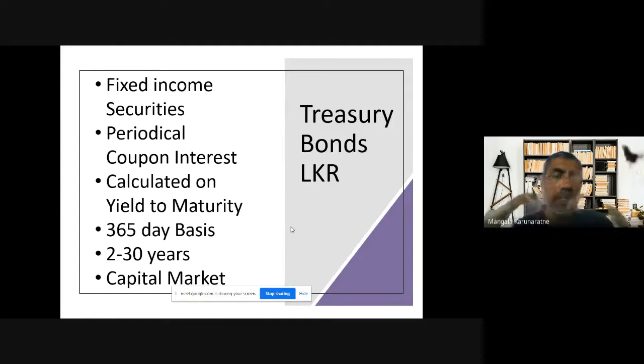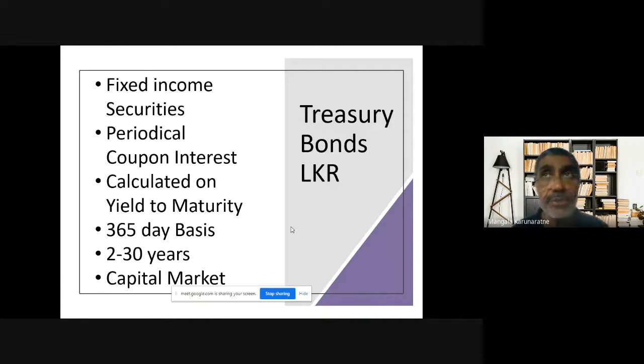But we don't come across them much because in our market, we are not dealing with those types of securities. And in our portfolios, most of the banks have SLDBs and ISBs. So keep that in mind. Treasury bond LKRs are 365-day basis.